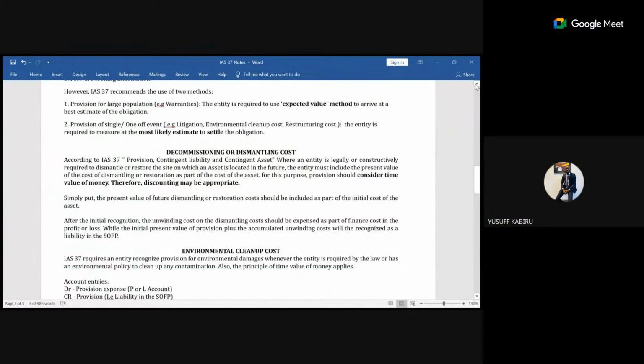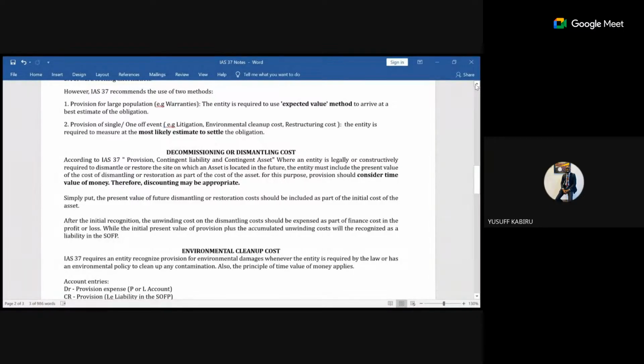So you are just going to have an arrangement with the bank or any other financial institution, and both of you agree an interest rate. That interest rate is your unwinding cost. On a yearly basis, you will be applying that interest rate to your 10 million naira.